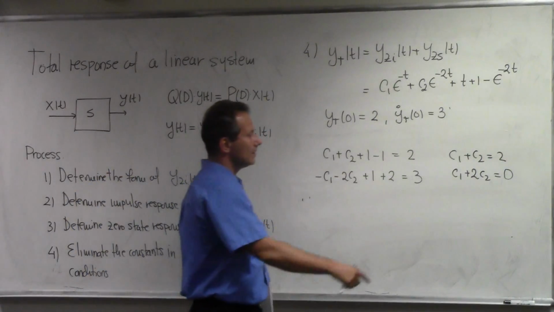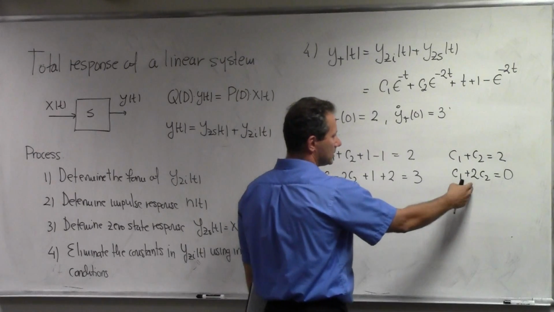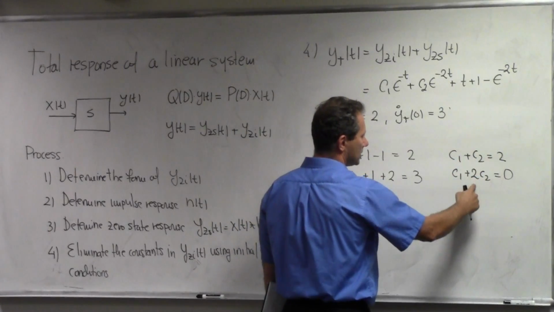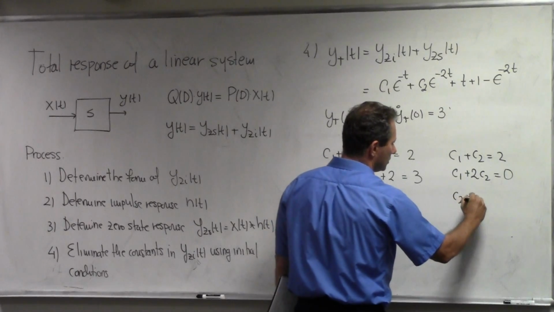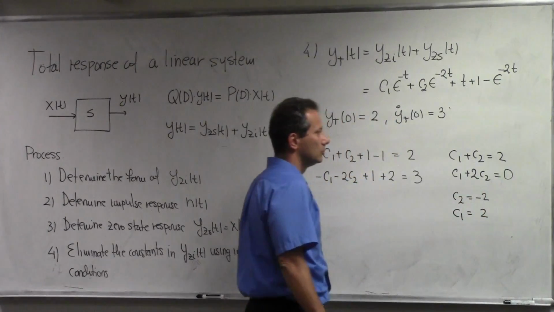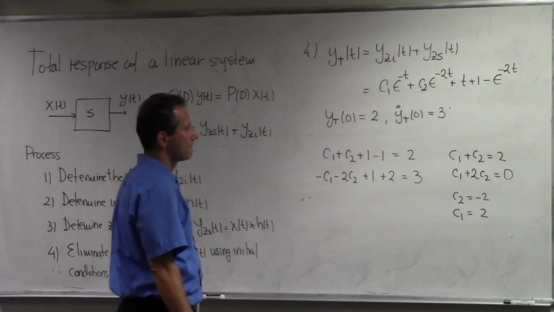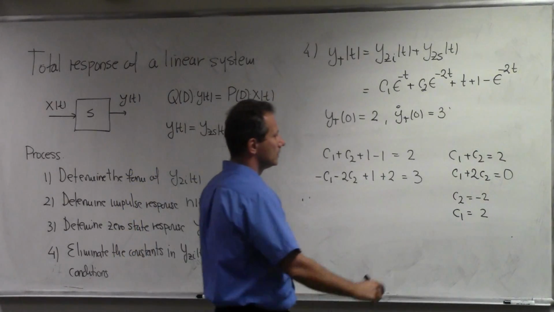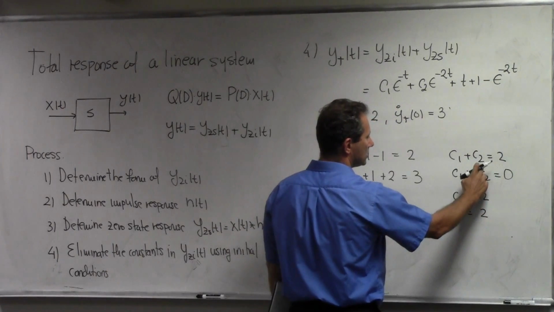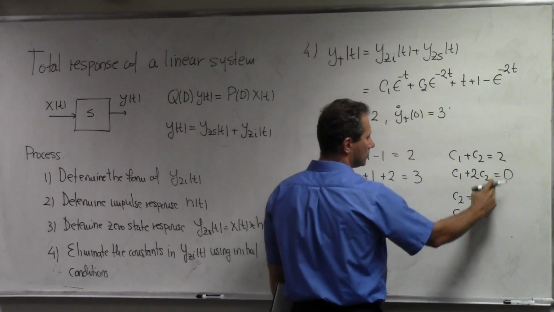So from here, if I let's say subtract the first one from the second one, you get that C2 is equal to minus 2, and C1 has to be equal to 4. 2C2 minus C2 is going to be equal to minus 2.